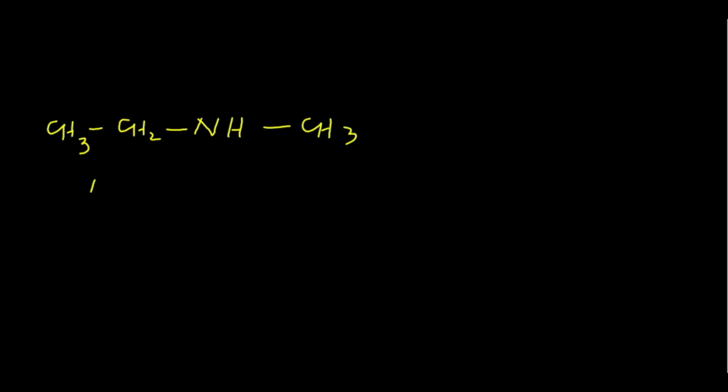Now students, larger alkyl group along with the amino group is taken as parent chain. Right, students? So here, what is the larger alkyl group? The larger alkyl group will be the ethyl group. So what is the name of this molecule, students? It is N-methyl aminoethane. Larger alkyl group along with the amino group is taken as parent chain.